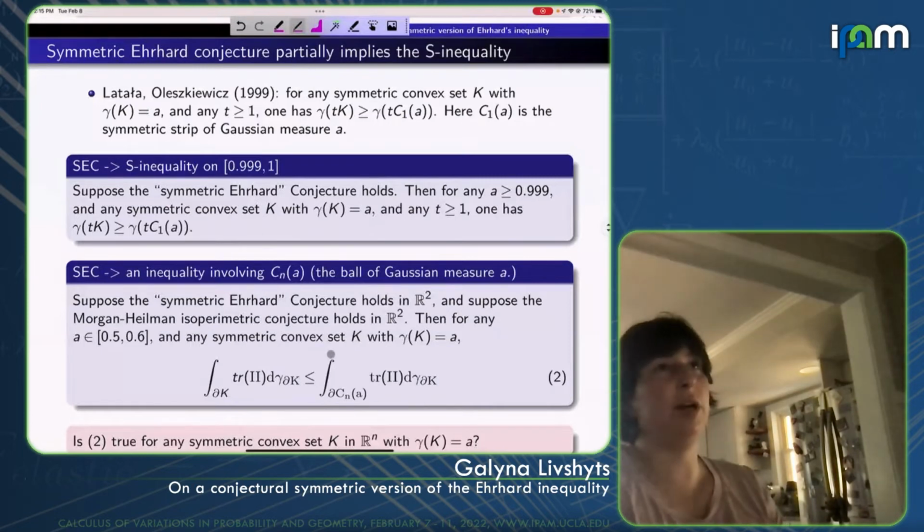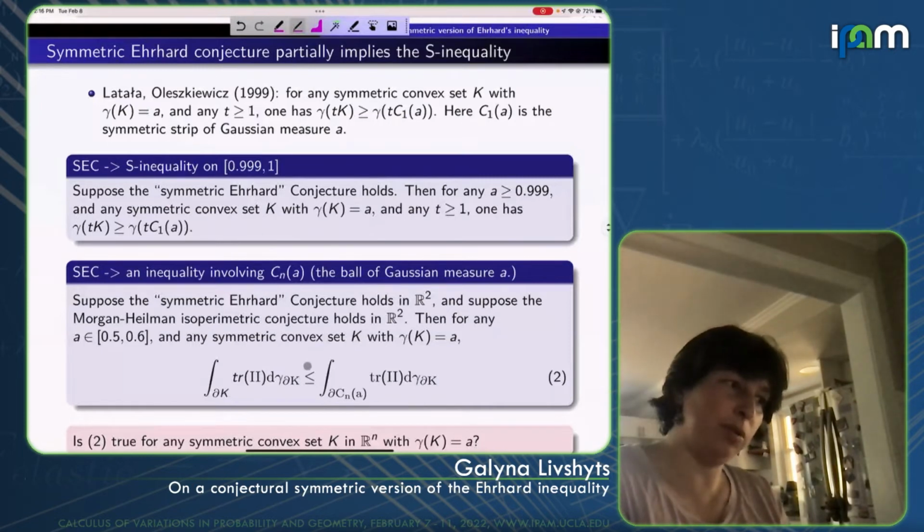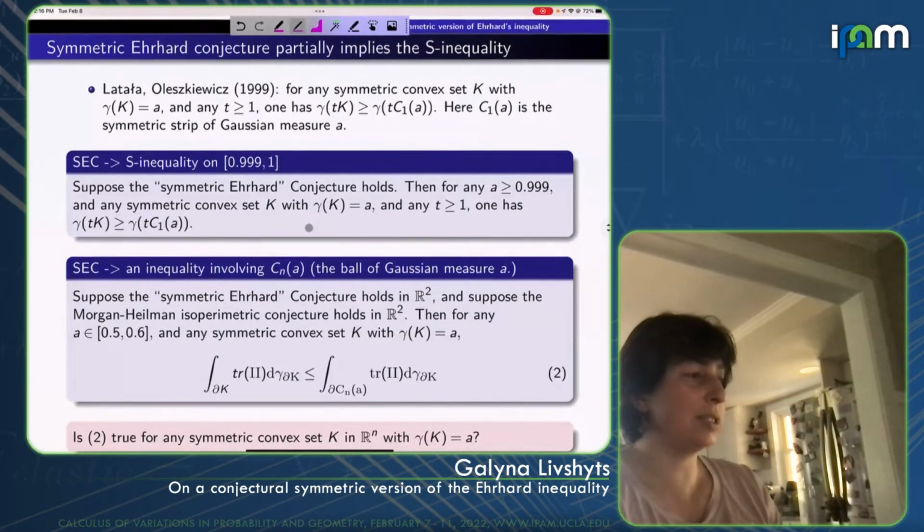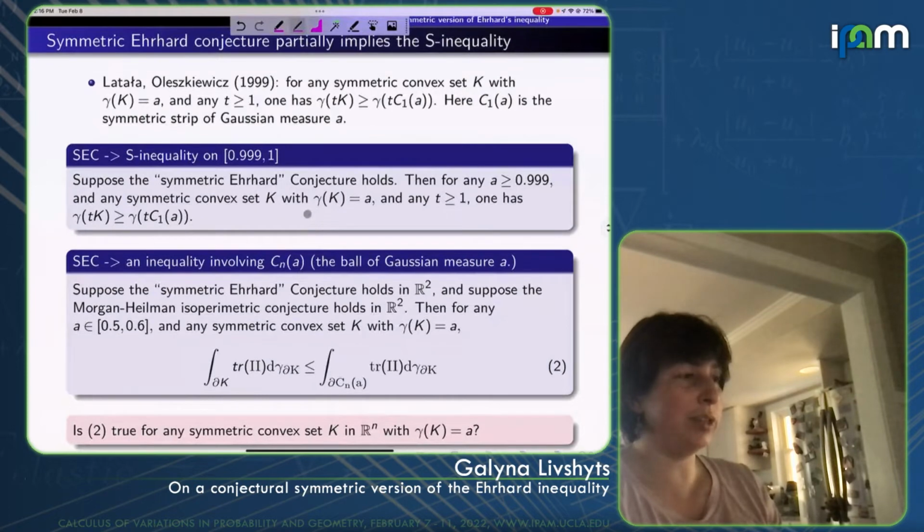This is, again, perhaps not so exciting because we do know the S-inequality, and here it's a conditional statement only on some small interval. However, it's again pretty encouraging.